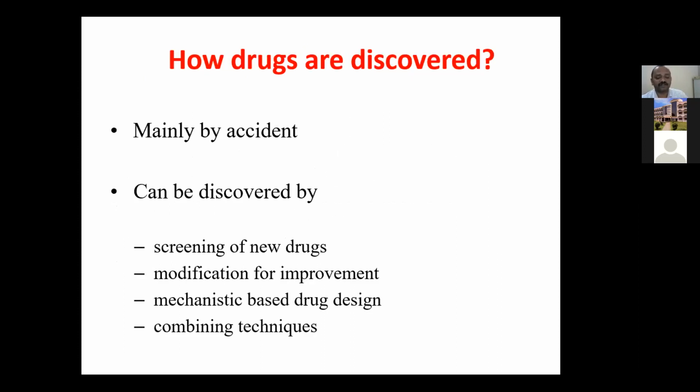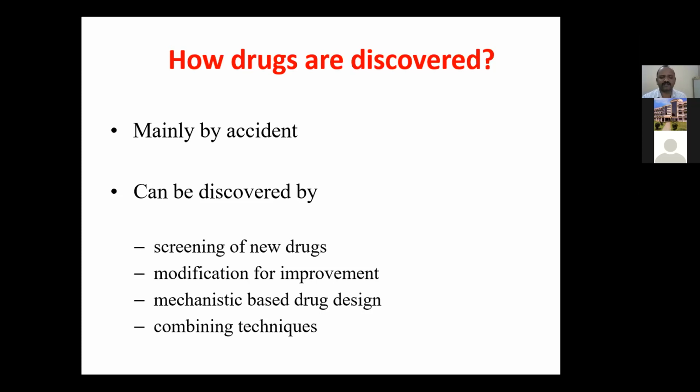So how are drugs discovered? This is a big question. One traditional way is the classical way of drug discovery, but what happens is that, believe it or not, many of the drugs in the medical shops in the market today were mainly discovered by accident.